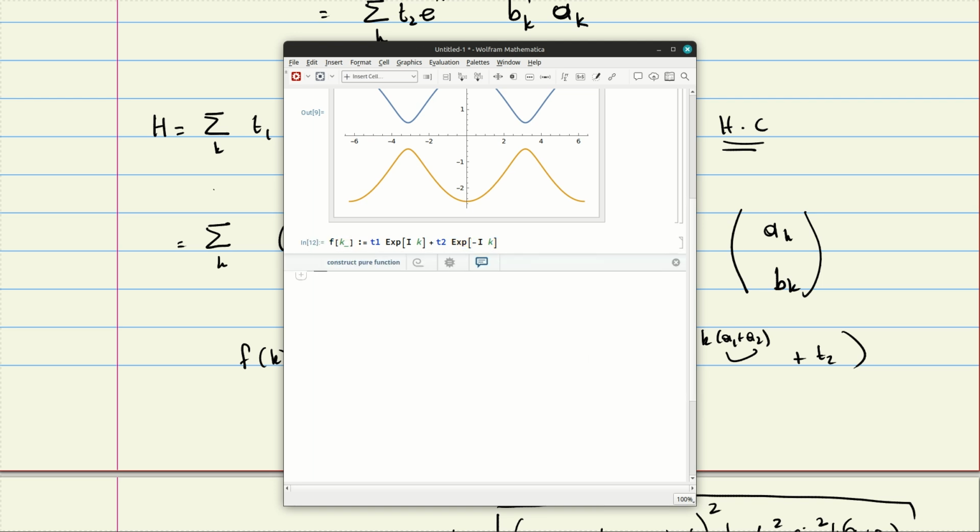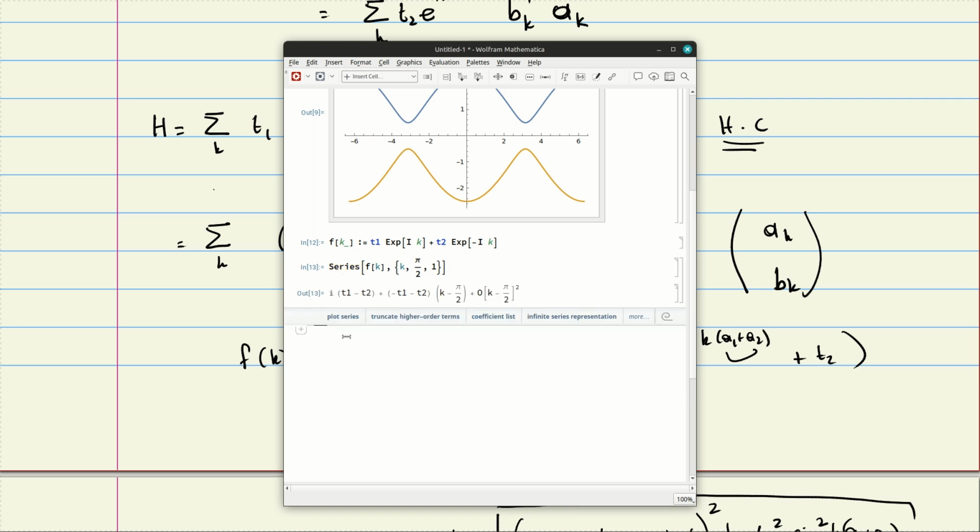And what I want to do is the Taylor expansion like what we did in graphene. I think you can also do it by hand, but it's a little bit faster like this. So this is f of k, and I want to expand k around pi over 2 up to first term, because Dirac is going to be linear. We only need the first term.